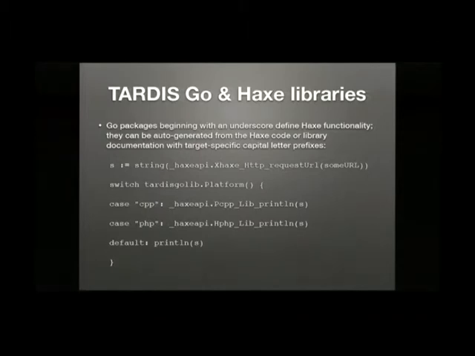The wrinkle is that Haxe as a language allows you to take an XML description of all of its functions, and so this can be auto-generated from the Haxe. So interworking between the two languages should be fairly straightforward once I finish it.